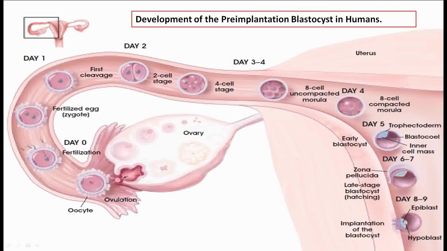You can see here the structure of the ovary. A part of the ovary is taken here just to show you how the movement of the zygote occurs. What is the way of the zygote? That is our main heading. So we are going to see the way of the zygote from here to here.